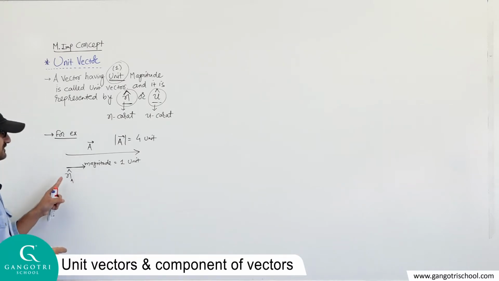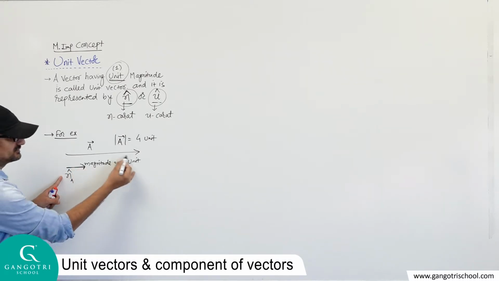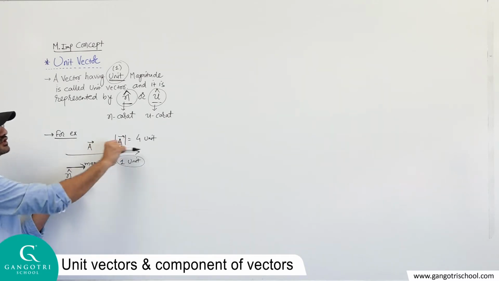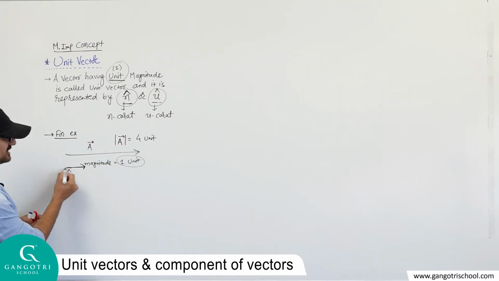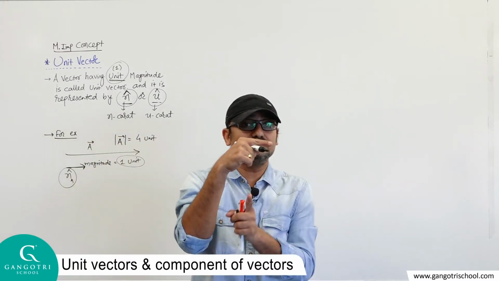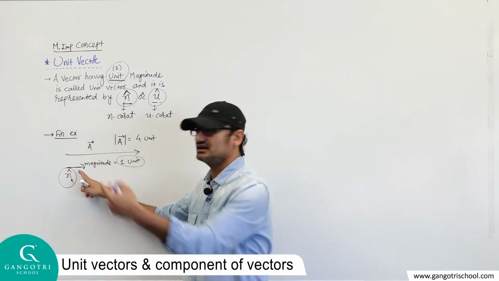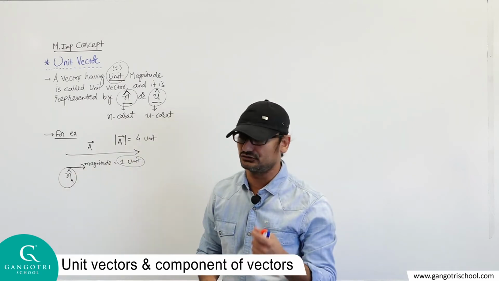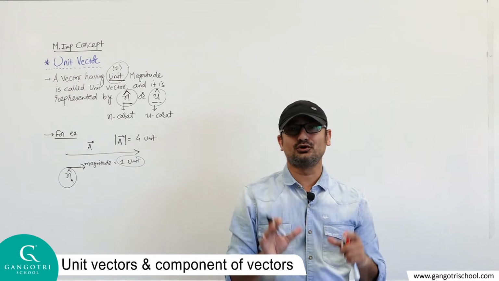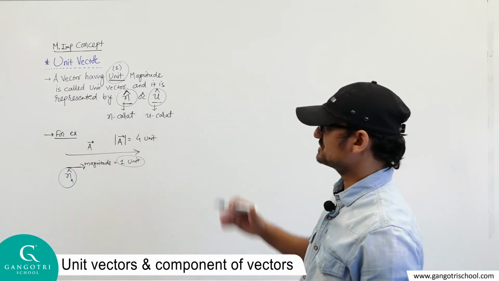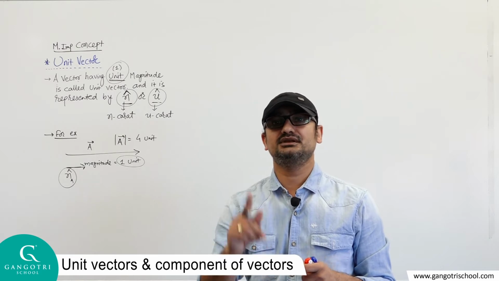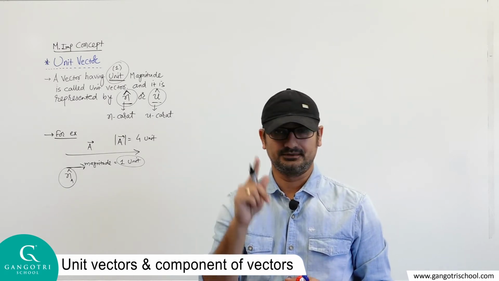Because this is definitely a unit vector since its magnitude is 1, but this unit vector is in the direction of vector a. That's why it is known as n caret a. N caret a means unit vector in the direction of vector a. From that much discussion, only remember one thing: unit vector means its magnitude must be 1.